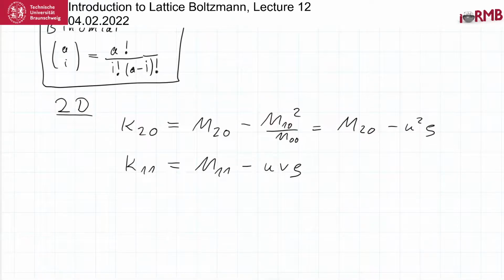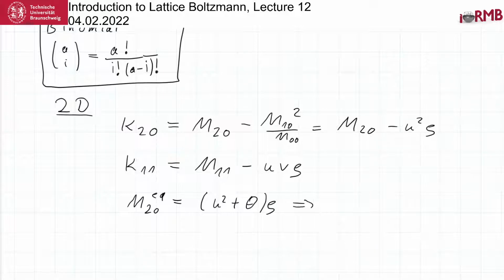And now if we remind ourselves that m20 equilibrium is equal to u squared plus theta, times rho, then this means that k20 equilibrium is just equal to theta rho, which makes sense.